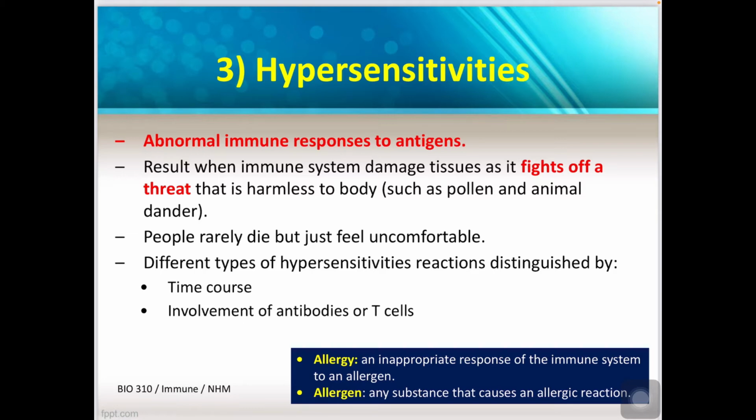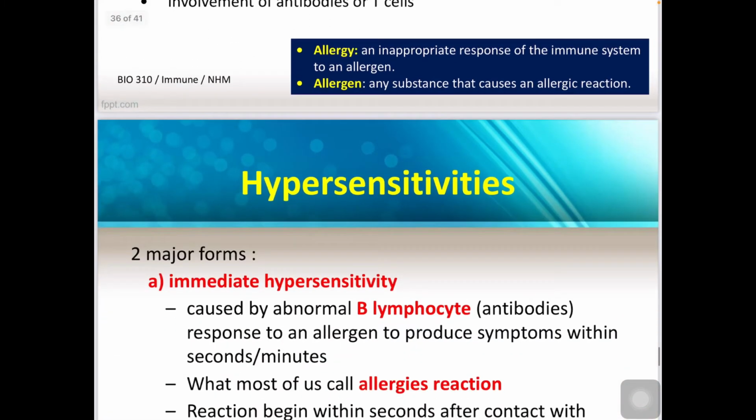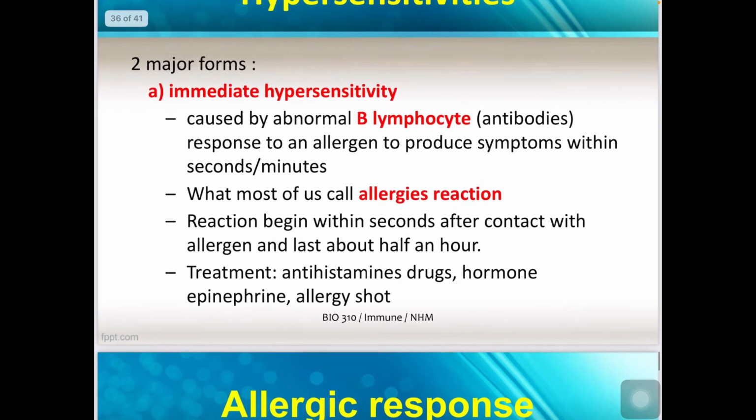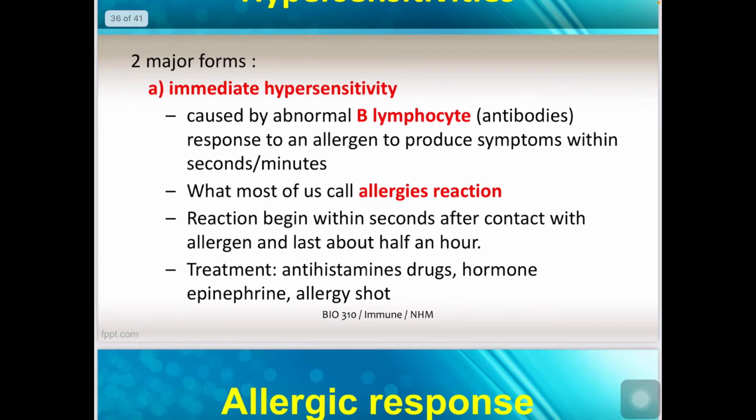Different types of hypersensitivity reactions are distinguished by the time course and involvement of the antibodies or the T cells. There are two major forms of hypersensitivities. The first one is immediate hypersensitivity.